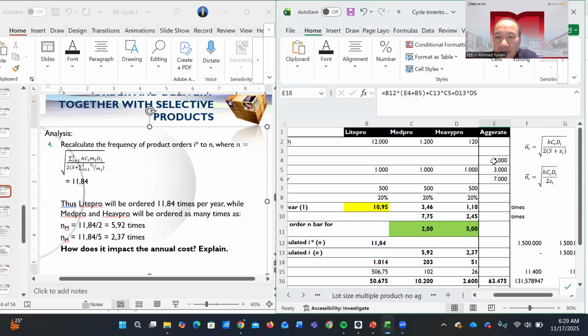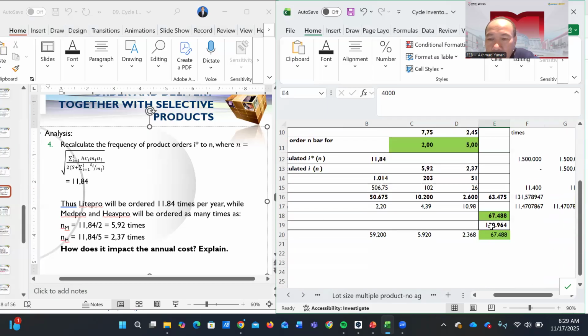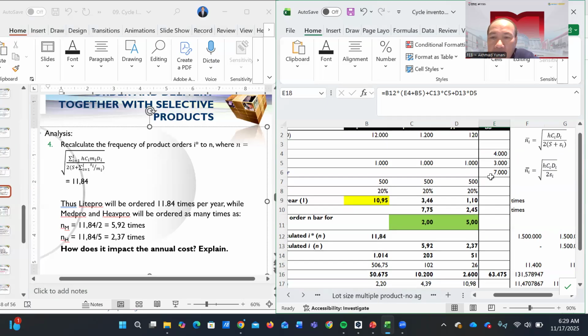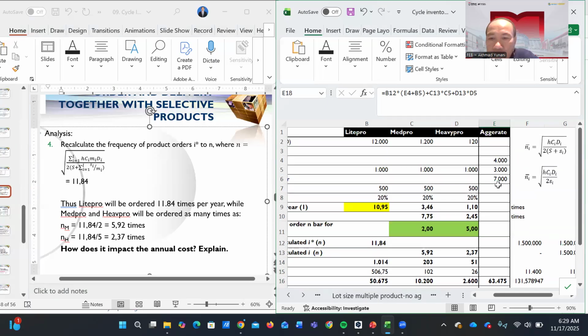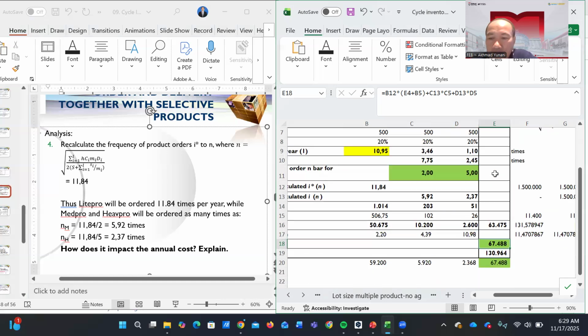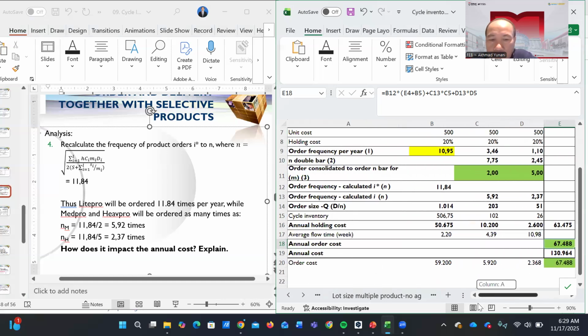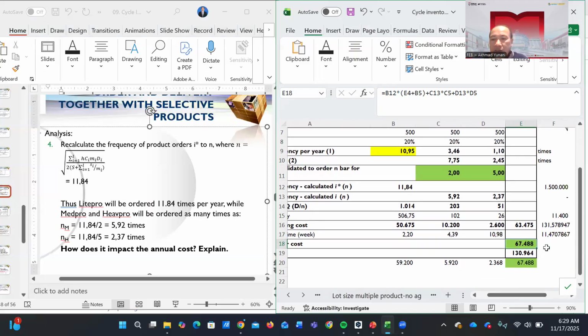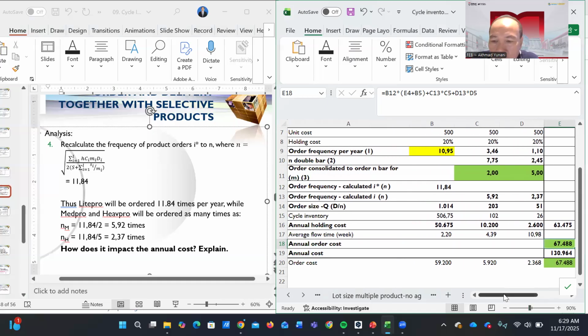Capital S is the consolidated transportation cost in the order of Light Pro, in thousands of rupiahs, added by the loading and unloading cost for each order. We find that the annual order cost will be 67,488 rupiahs.